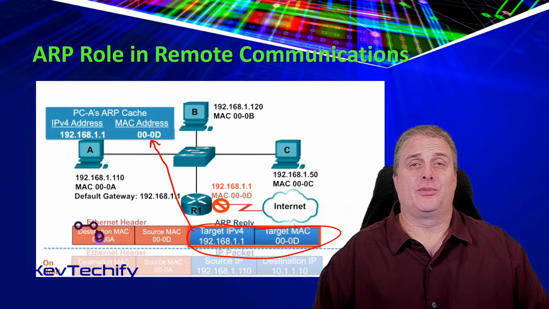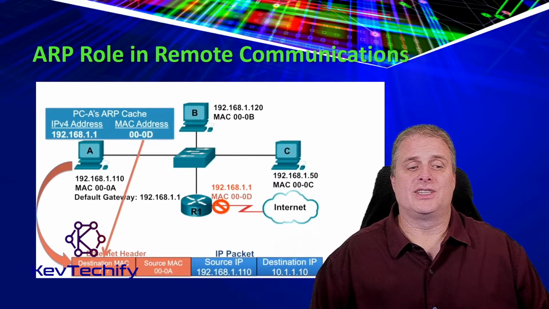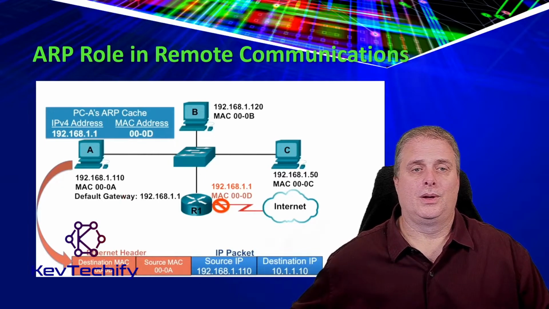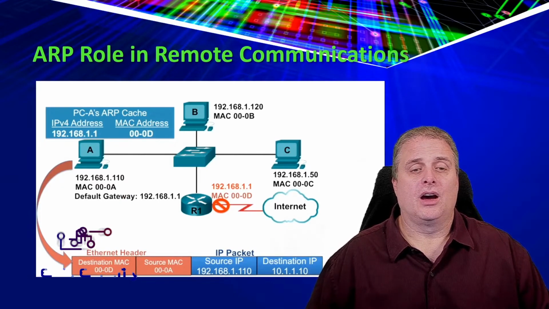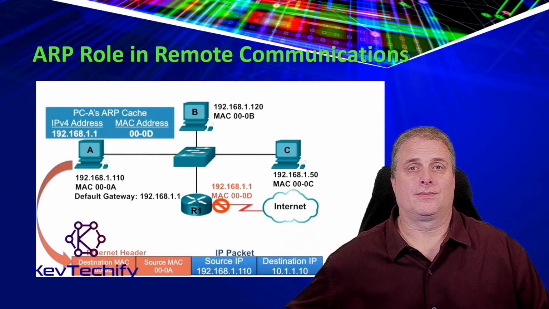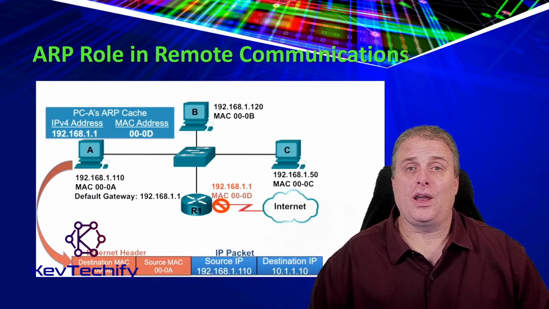It now has the information to forward the packet that is on hold. The destination MAC address is now going to be 000D, which is the MAC address of R1. That's its MAC address. And now PCA can forward the Ethernet frame onto R1, the default gateway.